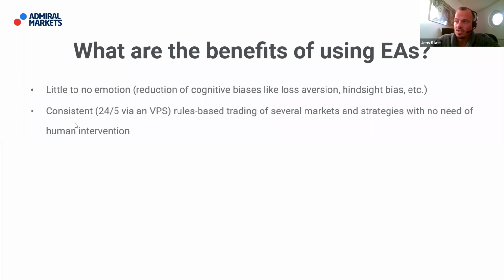So what does this mean? It means that you have consistent rule-based trading of several markets and strategies with no need for human intervention. This is also important to note. Even if the strategy is very simple, it's still important to automate it, especially if it's possible, because now you can trade different markets and all trades are automatically generated.